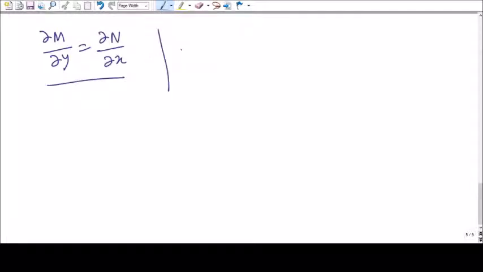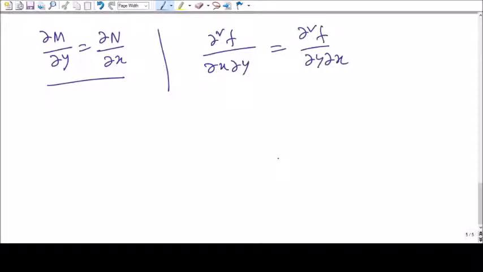This comes from the equality of the mixed second order partial derivatives, ∂²f/∂x∂y equal to ∂²f/∂y∂x. This condition is satisfied only when these partial derivatives are continuous. When the partial derivatives are continuous, then the mixed second order partial derivatives are equal.